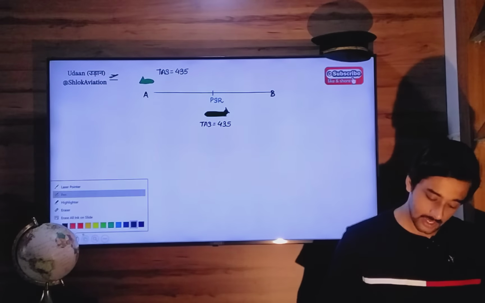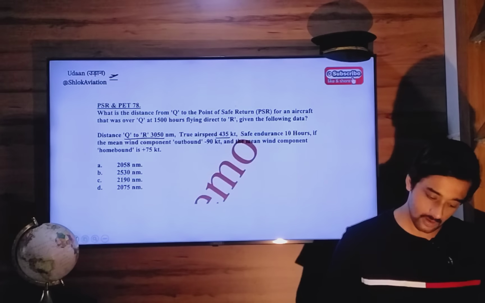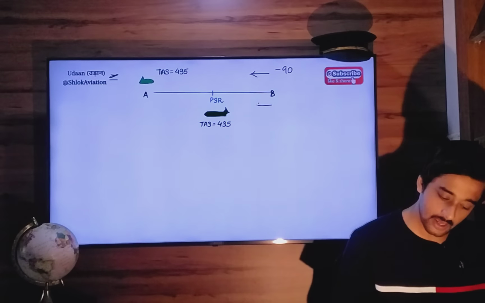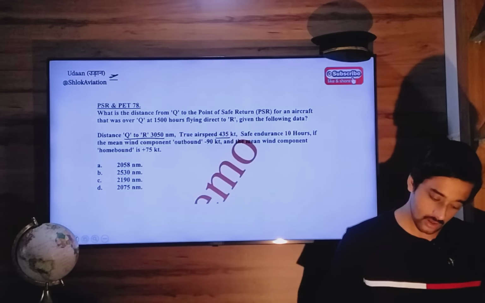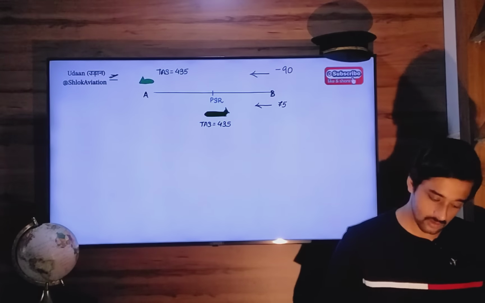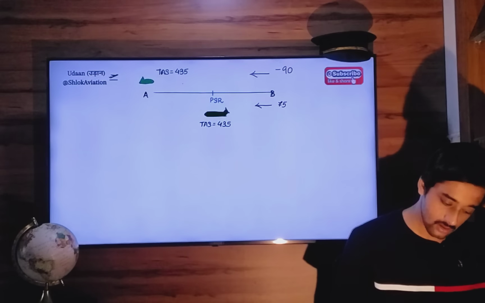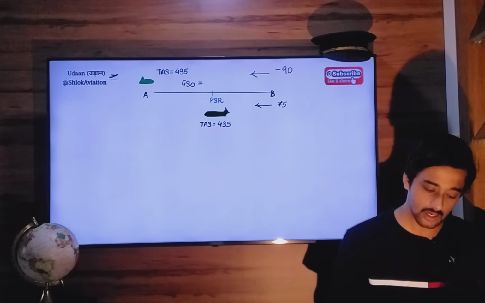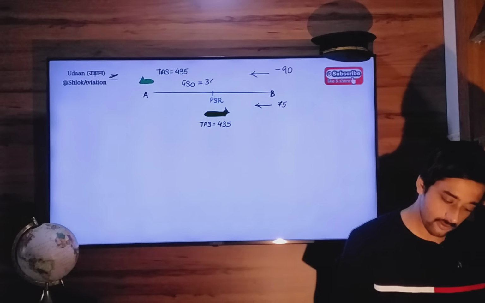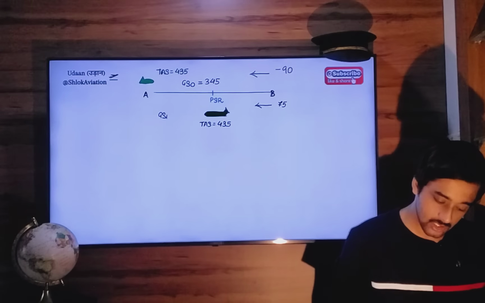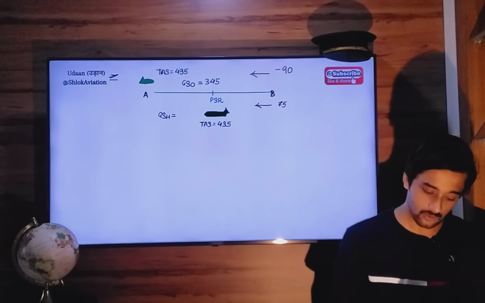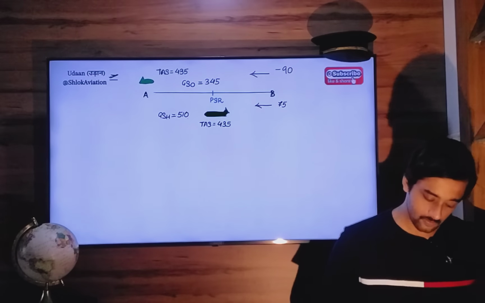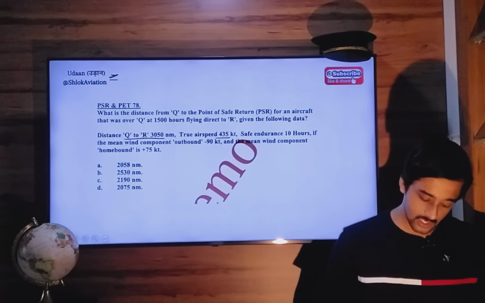On the outbound leg you have a headwind of 90 knots. On the homebound leg you have a tailwind of plus 75. Outbound ground speed 435 minus 90, 345. Homebound ground speed 435 plus 75, 510.